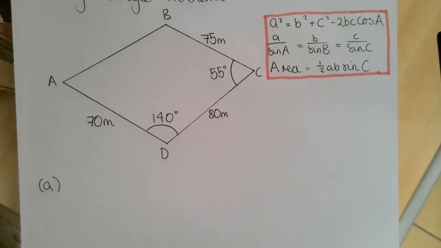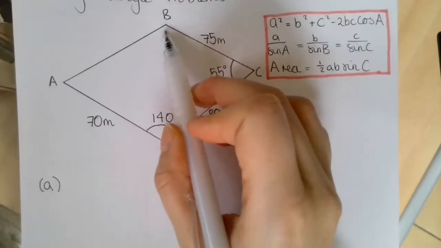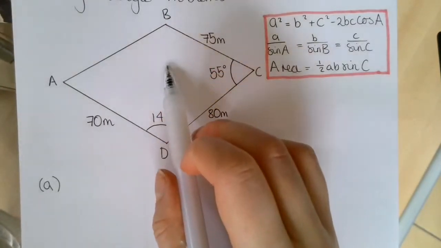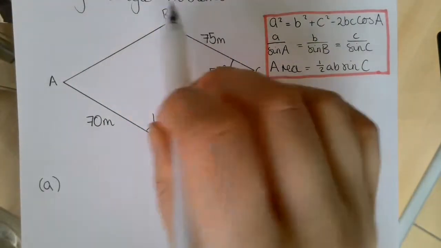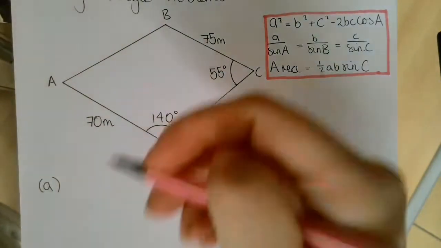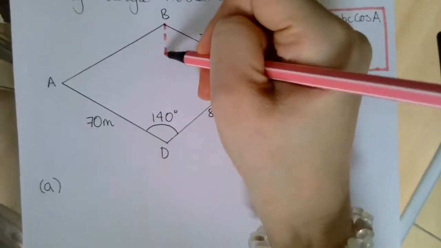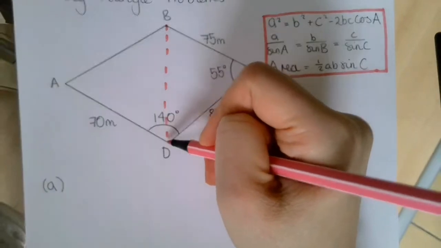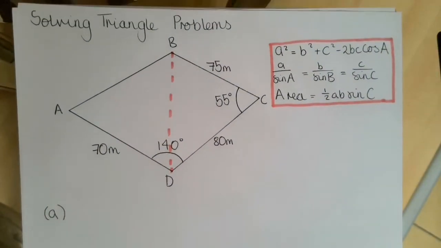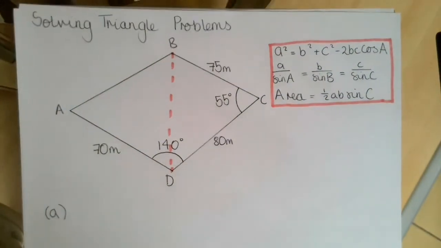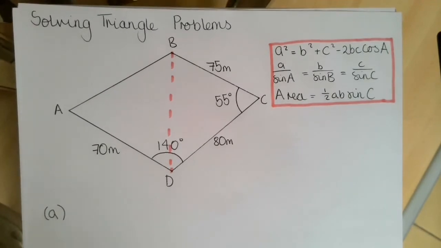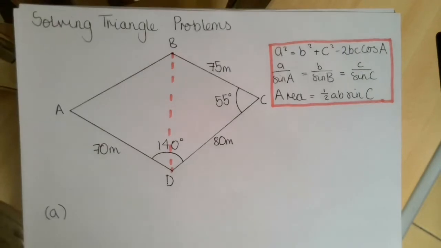So we're going to use the cosine rule to find out this distance by splitting up this quadrilateral into 2 triangles. So if I draw a line going from B to D, we are then going to be looking at the triangle BCD to find the angle of BDA.